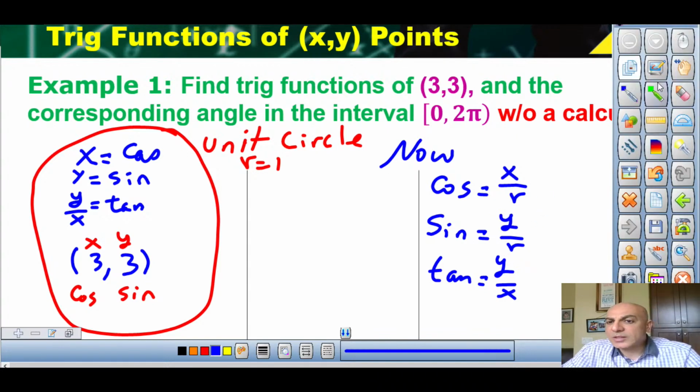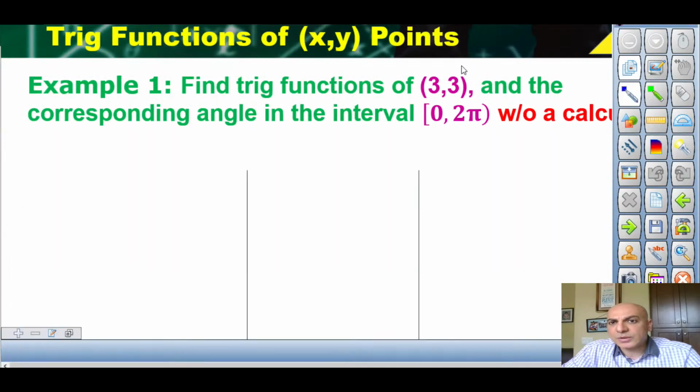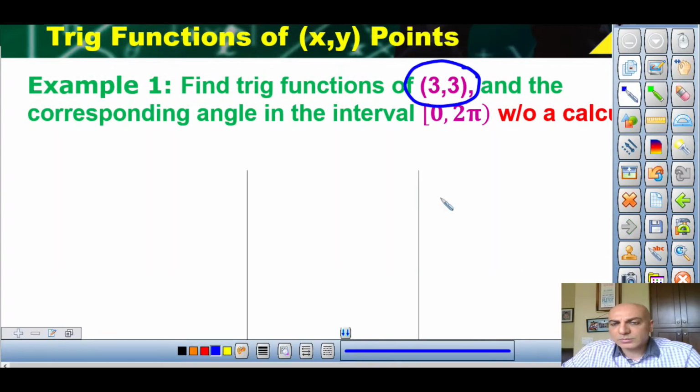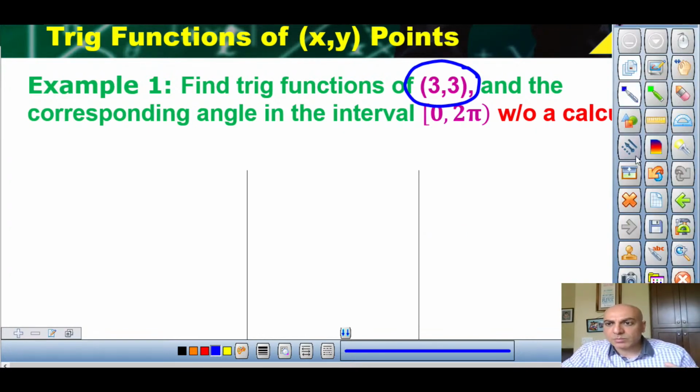Let's take a look at the point. Do you think this point here is in the unit circle? No, because the unit circle has a radius of 1. So it's living somewhere else.